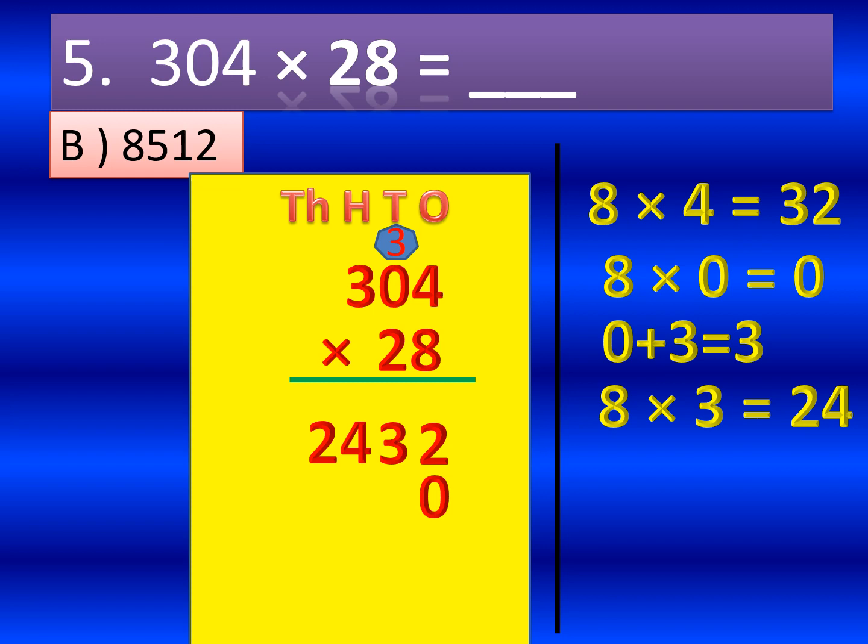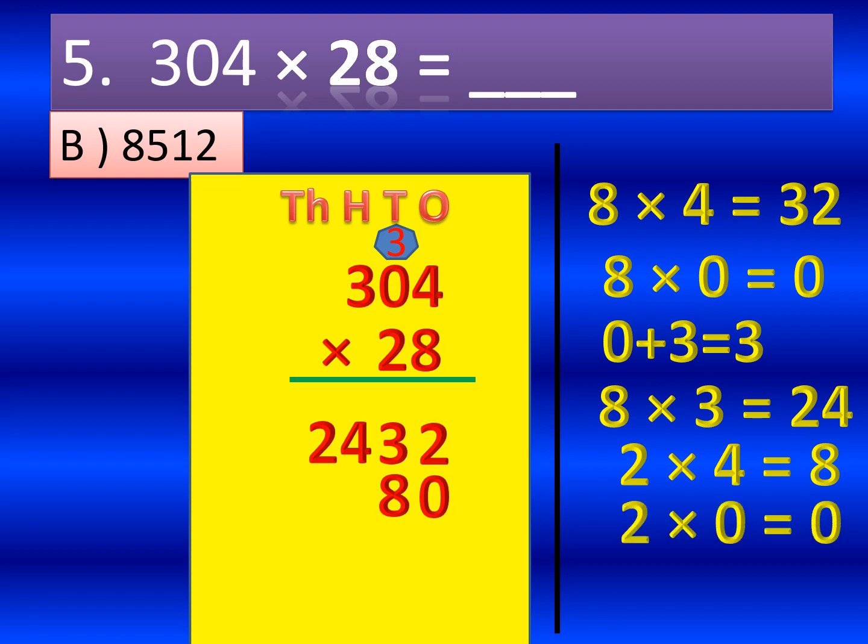Next we have to start with the second number's tens place digit. Now 2 fours are 8. 8 is to be written in tens place of second line. Now 2 zeros are 0. This 0 is to be written in next place. Now 2 threes are 6. This 6 is to be written in next place.